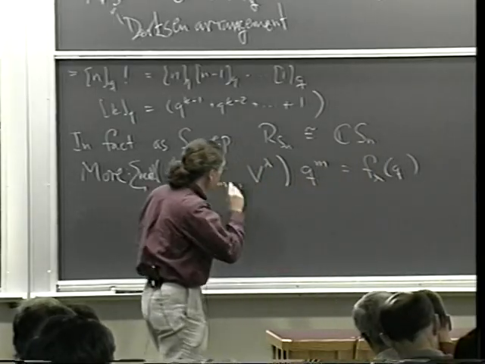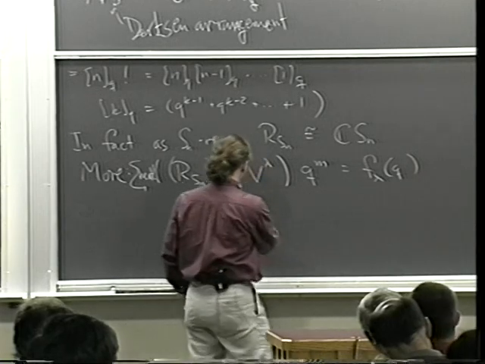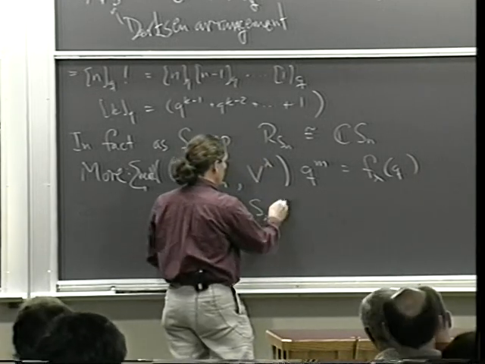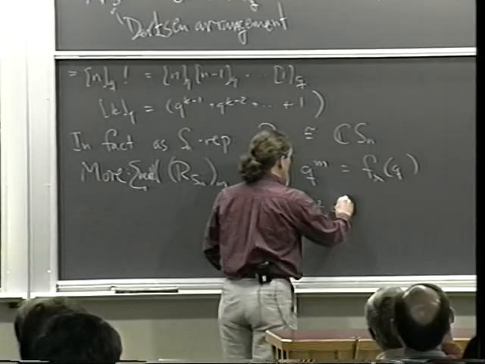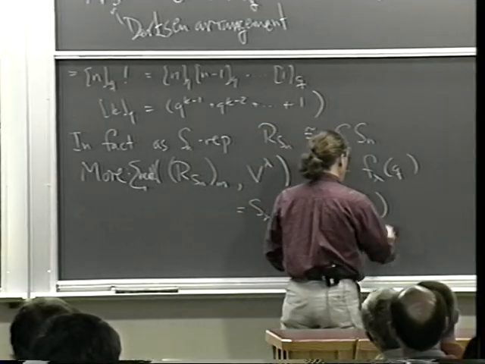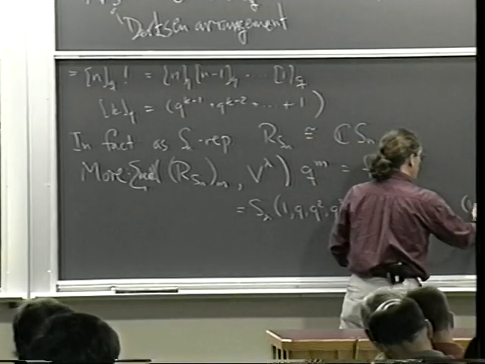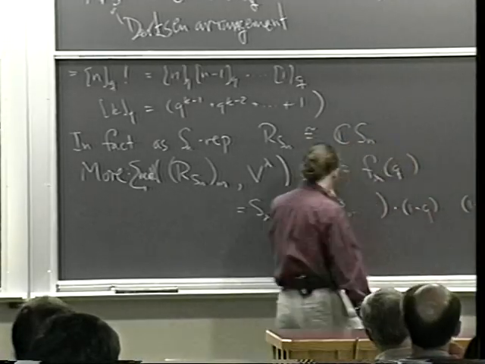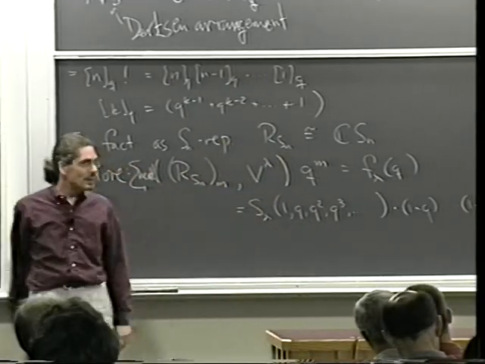of q. One can describe it in various ways, but for example, it's the Schur polynomial evaluated in infinitely many variables that are just powers of q, multiplied by (1 minus q) times ... (1 minus q to the n). So this is a power series, but it's a power series that's a rational function.